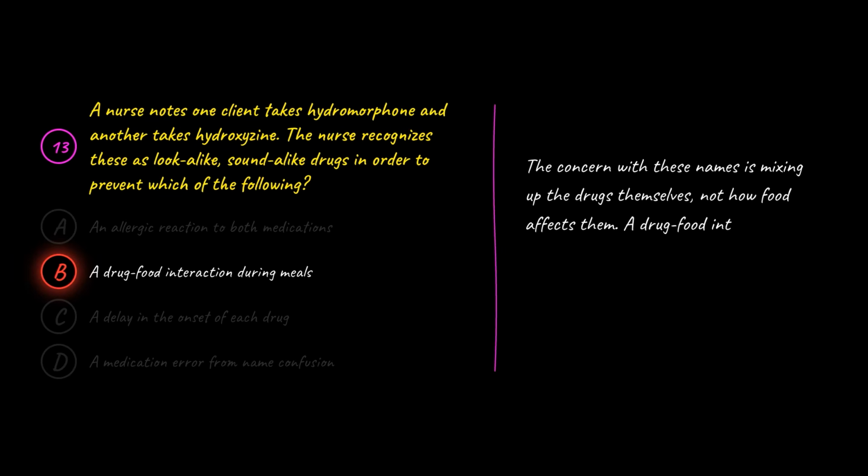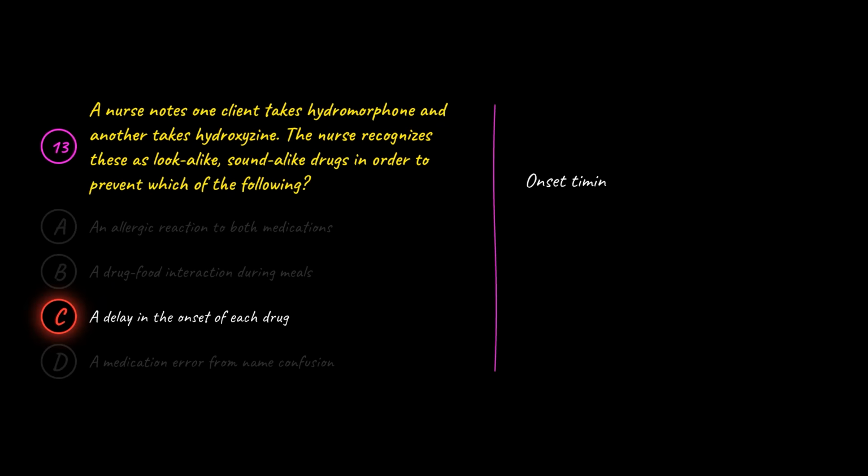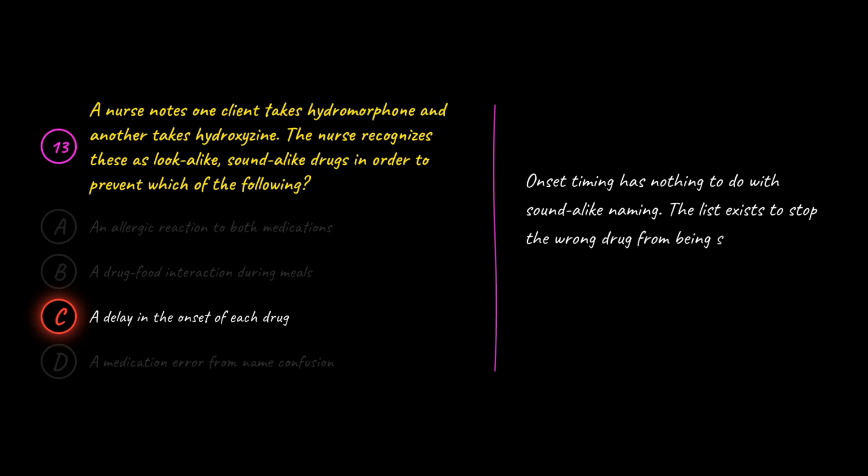A drug-food interaction is unrelated to the reason this particular pair appears together on the confused name list. C is wrong because onset timing has nothing to do with sound-alike naming. The list exists to stop the wrong drug from being selected and given, not to address how quickly either of these two medications begins to work.